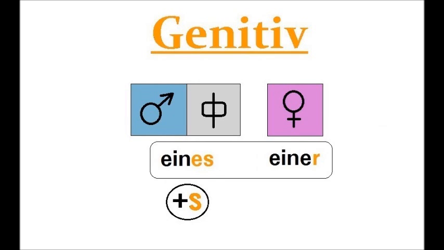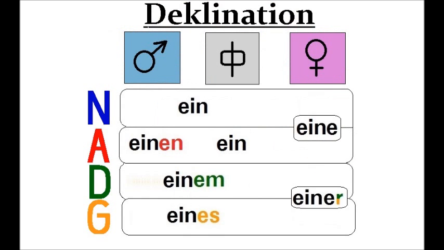So if you take a look at the declination table, you see that you don't have to learn anything new except the word ein, because all the changes you need to do are the same changes that you did with the definite article. Now, one last thing I want to mention is that these cases are sometimes called by their numbers.